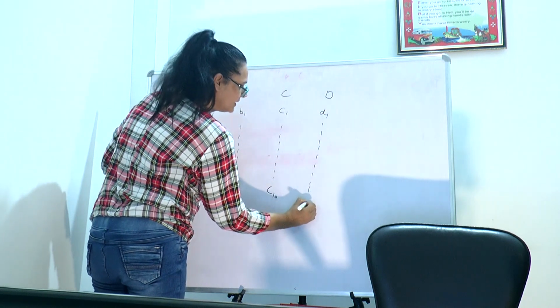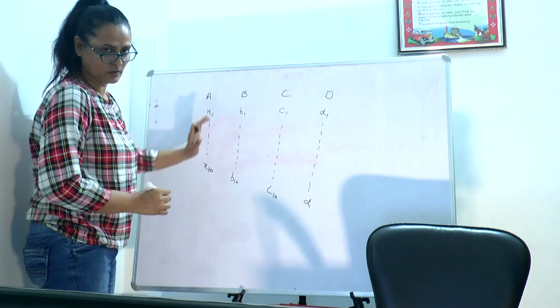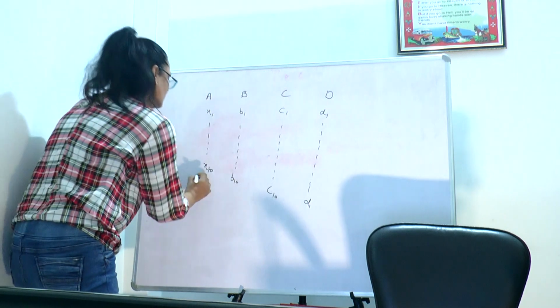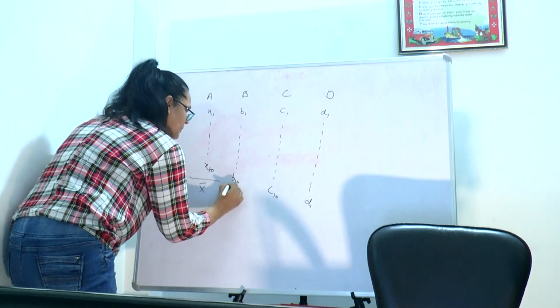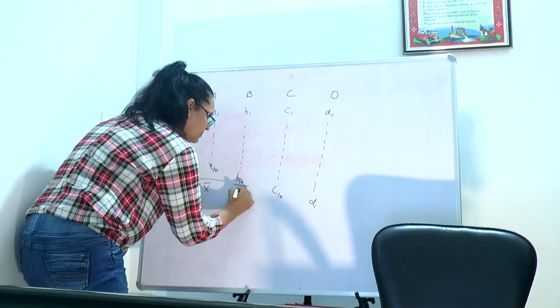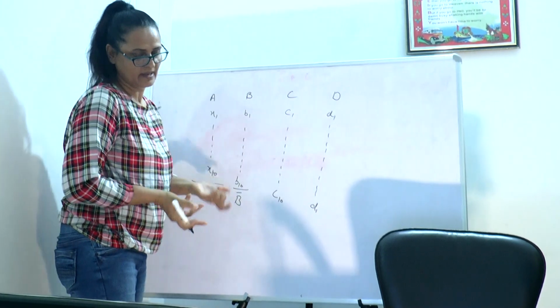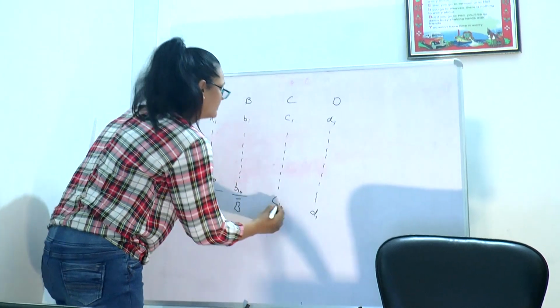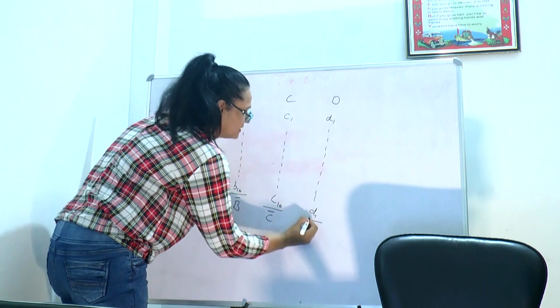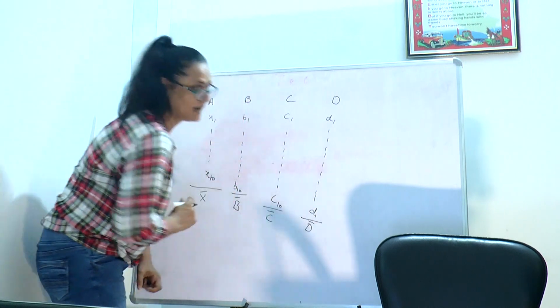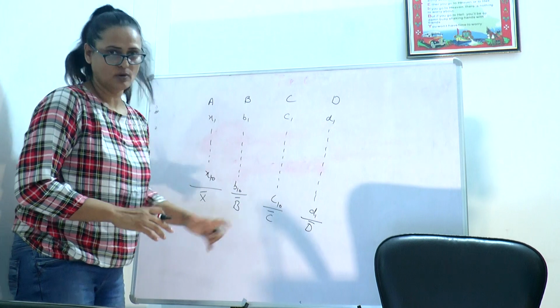And if we calculate the mean of each group, then suppose that the mean of group A is x bar, the mean of group B is B bar, as mean is represented by x bar, so we have taken these symbols. The mean of group C is C bar, and the mean of group D is D bar. These are the separate means of each group.